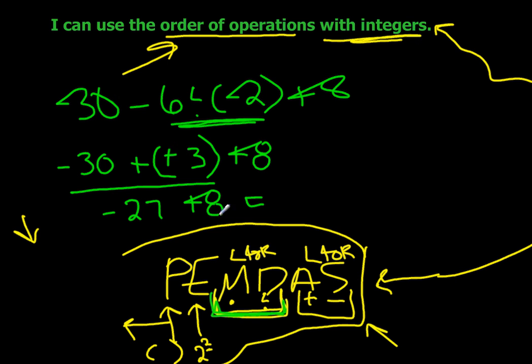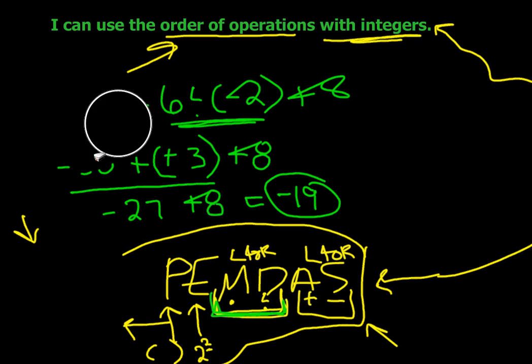And my last step, negative 27 plus 8, is going to give me a negative 19. And there's my answer, negative 19, using my PEMDAS, or please excuse my dear Aunt Sally.